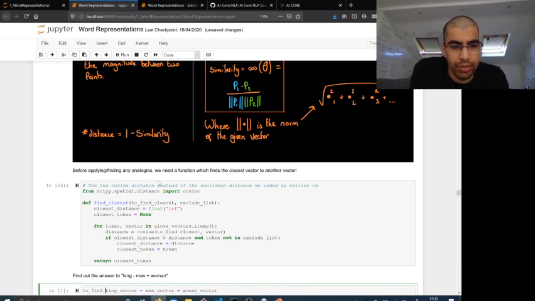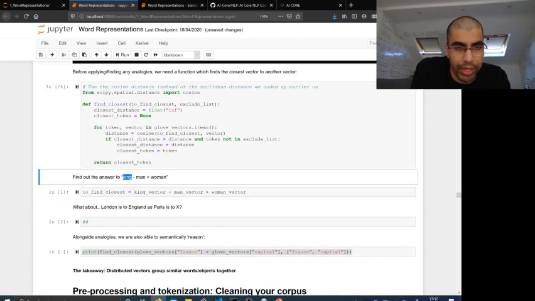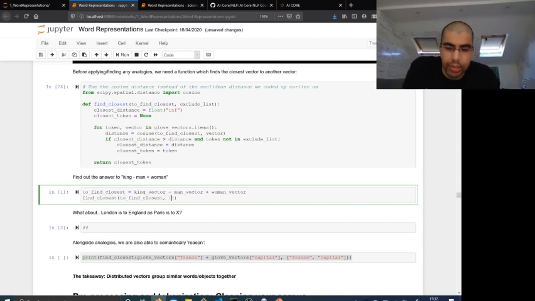I'm going to pass this into our find closest function. And we're going to use this exclude list to say, okay, do not consider the tokens king, man, or woman.